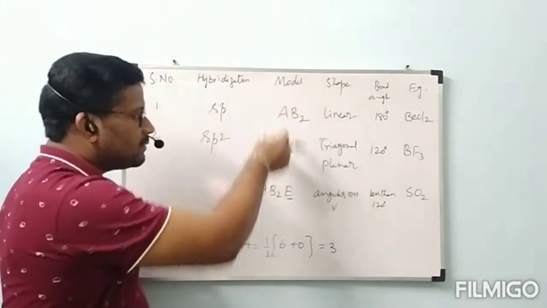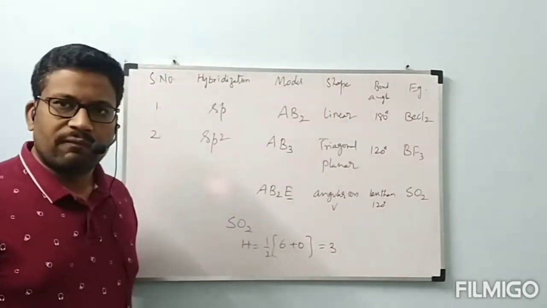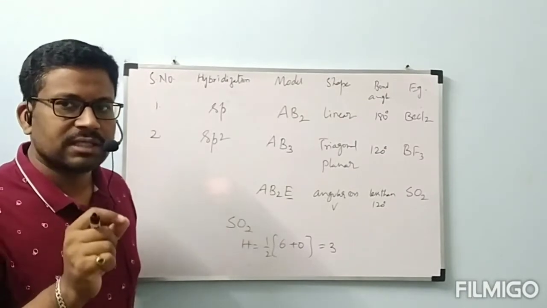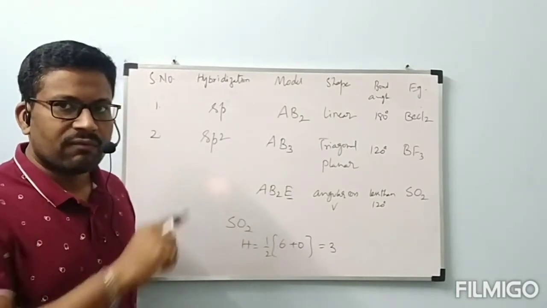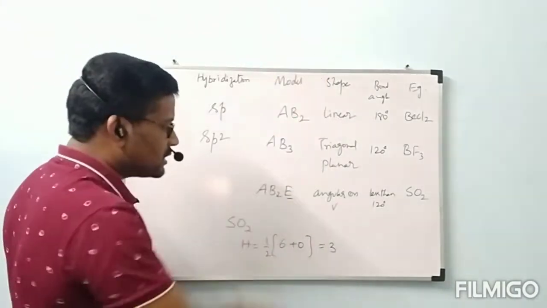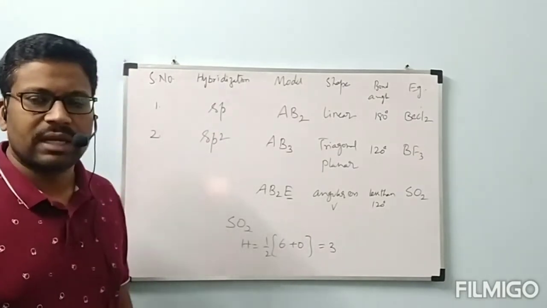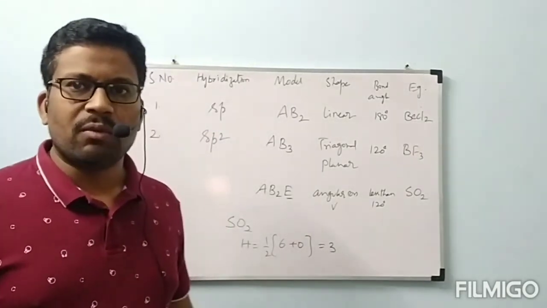If you are able to find the model, immediately we can remember the shape. From this, definitely one question will be asked. Remember carefully. From this total table, if you are able to remember these models and the examples, whatever example they give in the exam, try to find the model correctly.